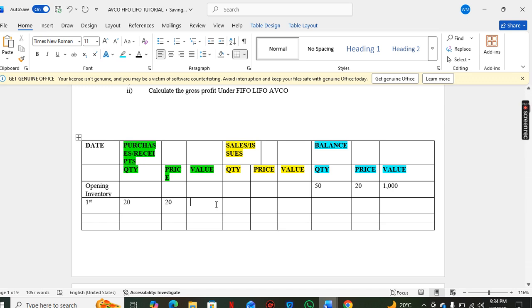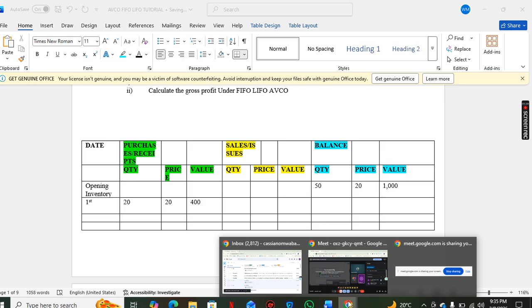So 20 times 20, that is 400 kwacha. Now, for the FIFO method and LIFO method, this is the trick, colleagues.